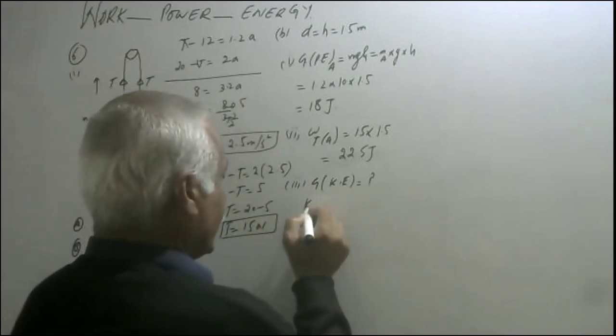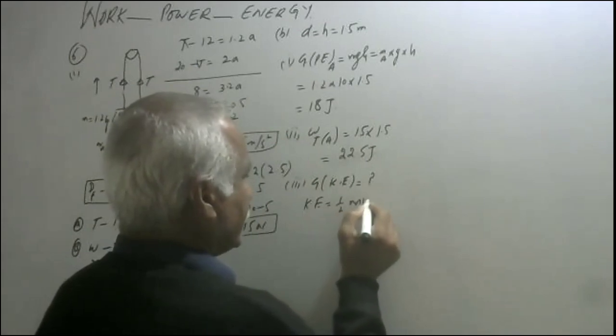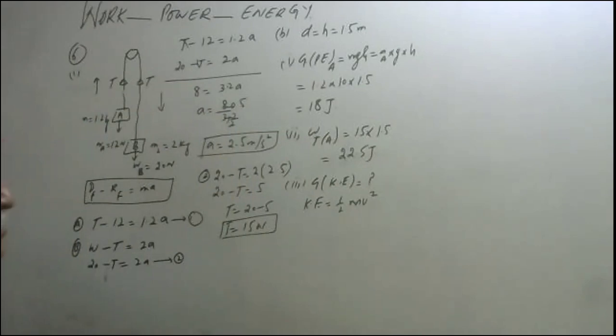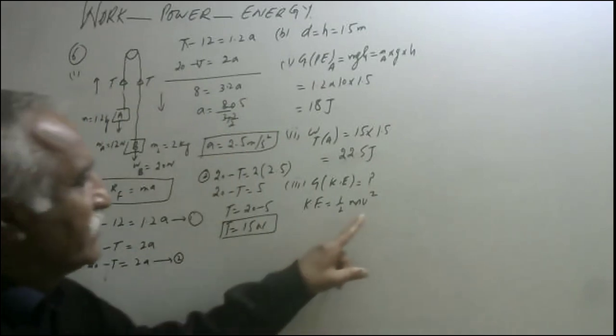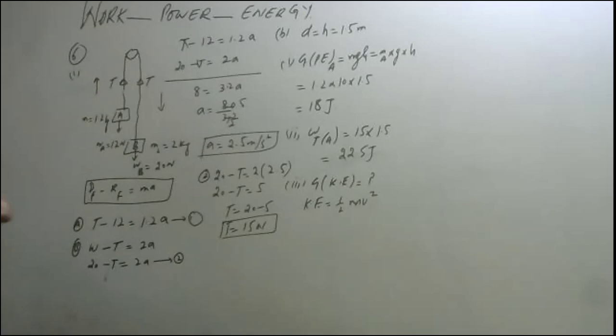But we know that kinetic energy of particle is half mv square. So we are going to calculate the value of v there, and then we can put in this and you can get the value of the gain in kinetic energy of that particle there.